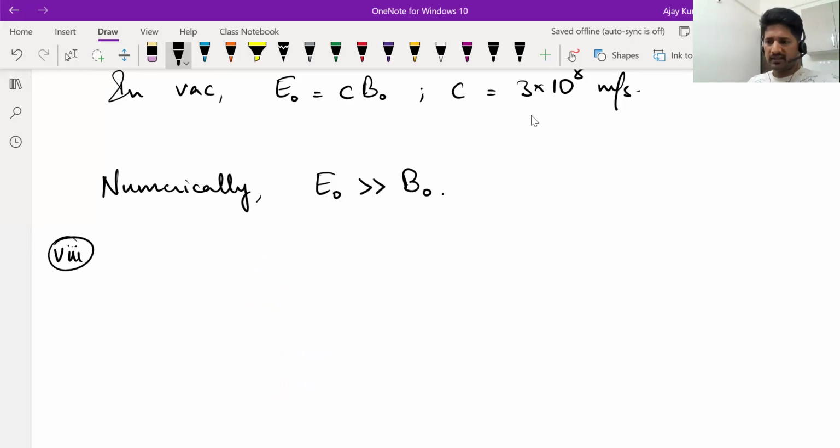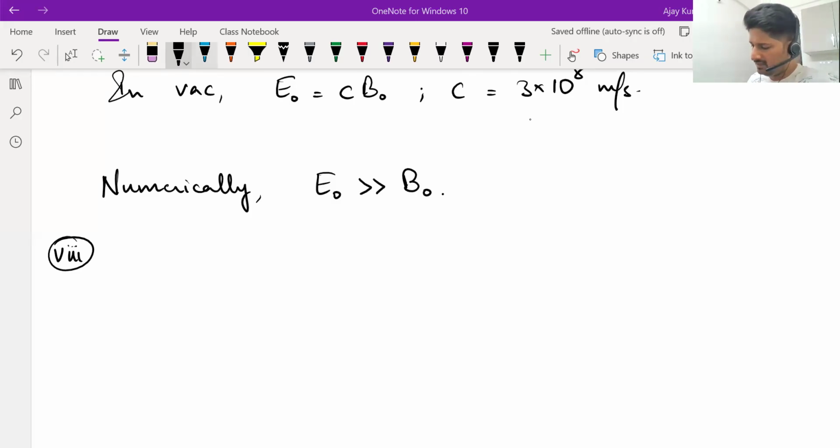Now see, electromagnetic wave, how quickly it propagates depends on how easy it is to set up an electric and magnetic field in that medium. Obviously, it should depend on that. And what properties of a medium tell you how easy it is to set up an electric field or a magnetic field?